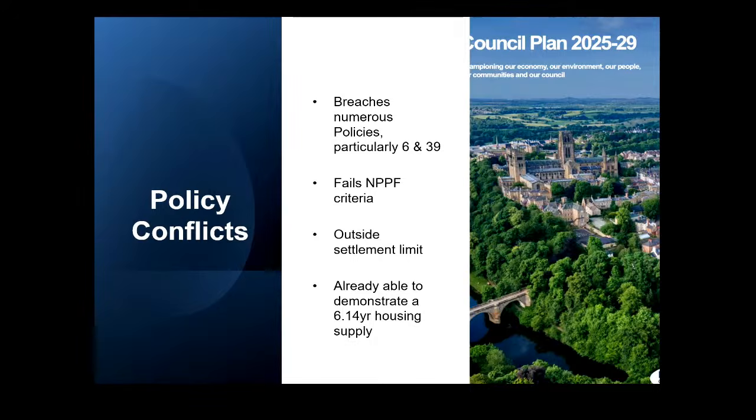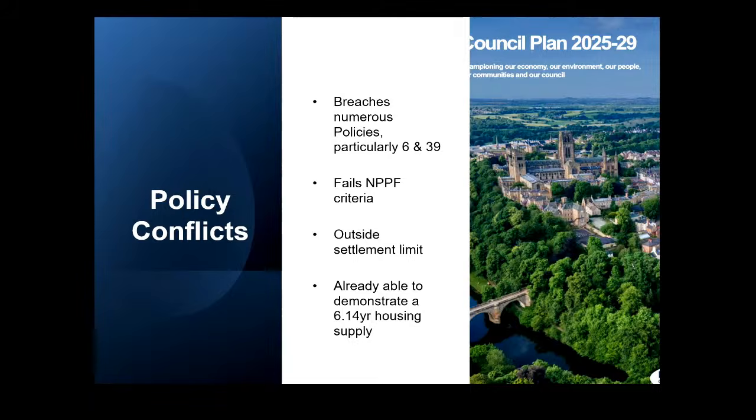DCC are currently able to demonstrate a 6-year housing supply. It is therefore unnecessary to breach policy and build on this unallocated site in the countryside, particularly when an application to build 70 homes on an allocated brownfield site in the village has recently been recommended for approval. 10 of these proposed 70 houses would be affordable.